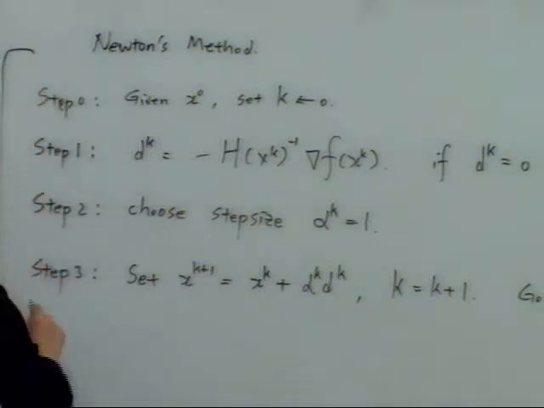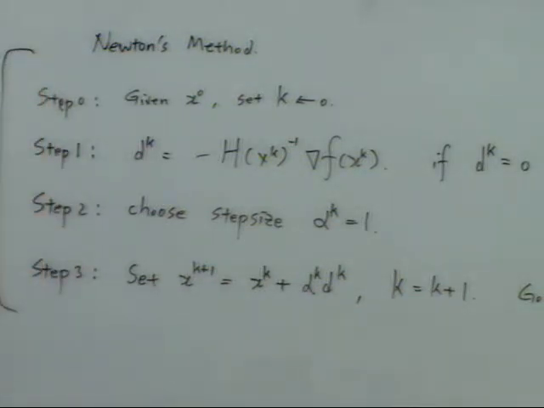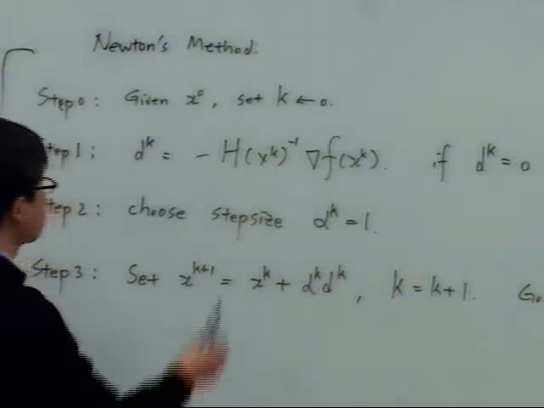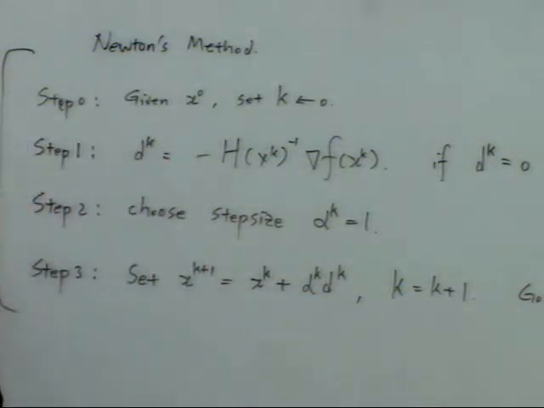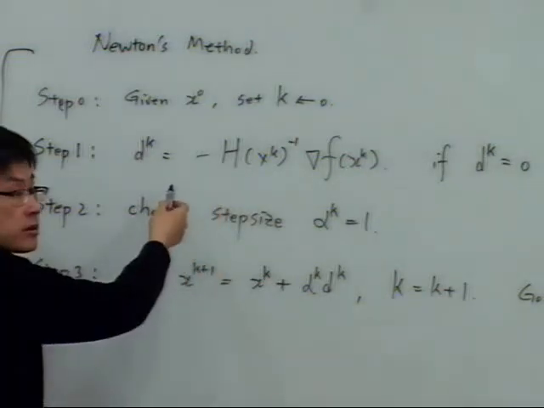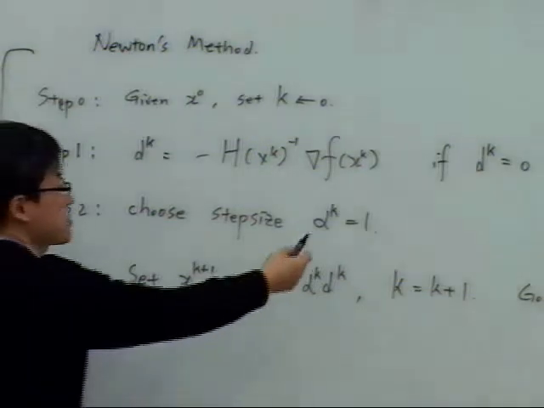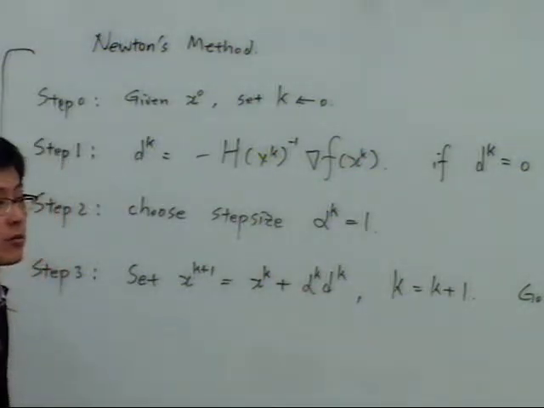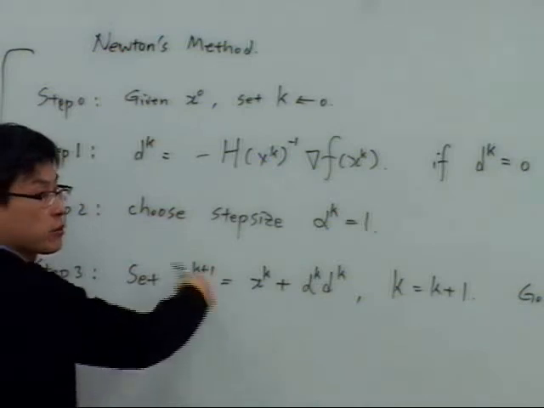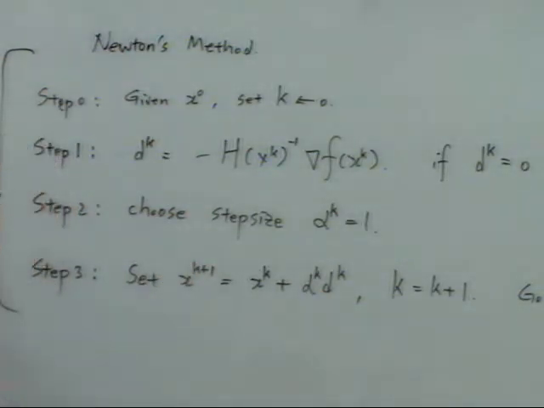Okay, that's the basic point of Newton's method. At the initial guess point, you calculate the Newton's direction. If your direction is 0, since this is a vector, then you just stop. But if you have some direction, you move along this direction with a step size of exactly, say, 1. Then move and go again and again.